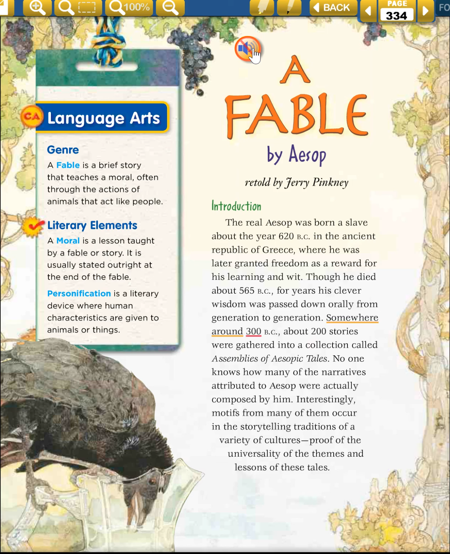Somewhere around 300 BC, about 200 stories were gathered into a collection called Assemblies of Aesopic Tales. No one knows how many of the narratives attributed to Aesop were actually composed by him. Interestingly, motifs from many of them occur in the storytelling traditions of a variety of cultures, proof of the universality of the themes and lessons of these tales.